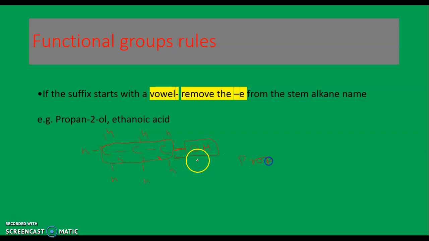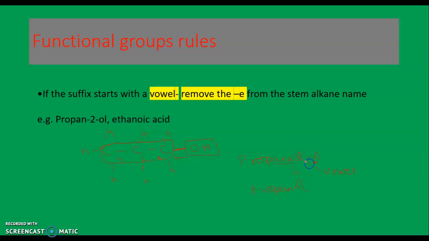It's all single bonds, so propane. So I've got prop and ane, and at position 1, I have got -ol. Now because that -ol begins with a vowel, you would drop the e. So the name becomes propanol.